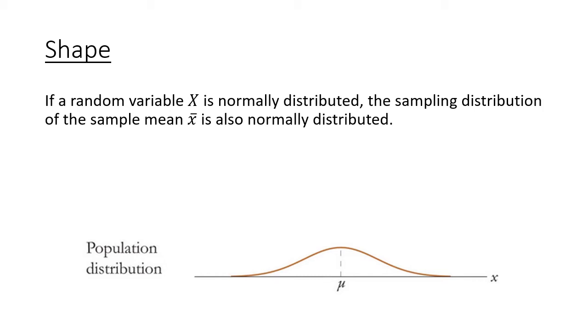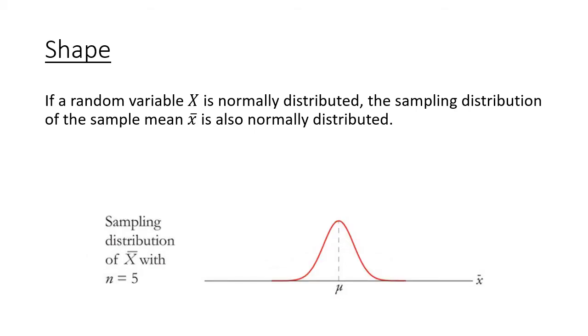If we look at this first graph, this is our population distribution. We still have our mean, mu, right at the center, and we have our bell shape. And that's for the population, where it's fairly spread out. We're going to expect outliers on both ends with some relative frequency here.